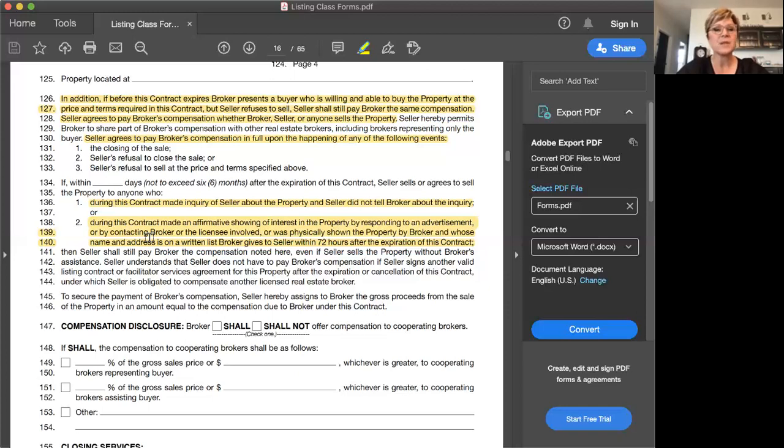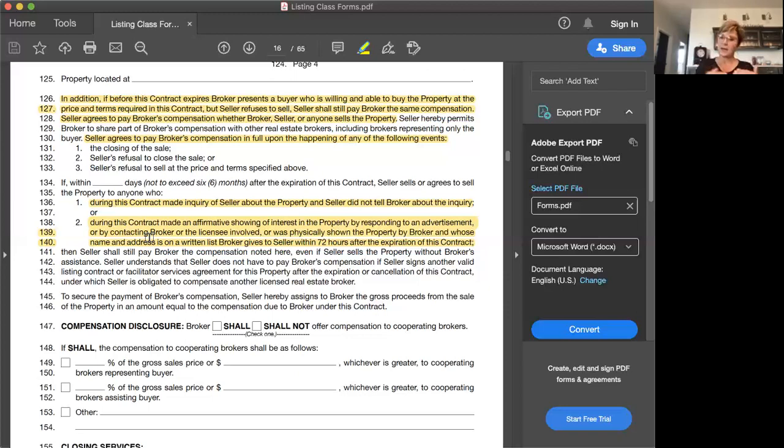Okay. Now, the other thing I want to point out is on line 134, the tail end of that, it says that the seller agrees to sell the property to anyone who obviously was on that list or during this contract made an inquiry of the seller that they did not tell you about. Okay. So if you find out that they had the property listed and their neighbor said, hey, if you don't sell it through Kelly, I'll buy it from you, and then they wait till the contract expires and then they sell it to their neighbor, and I find out, which granted, I'd have to find this out, right?